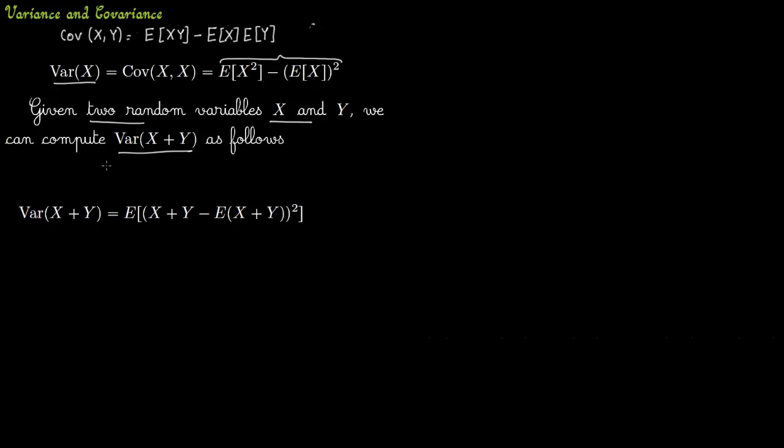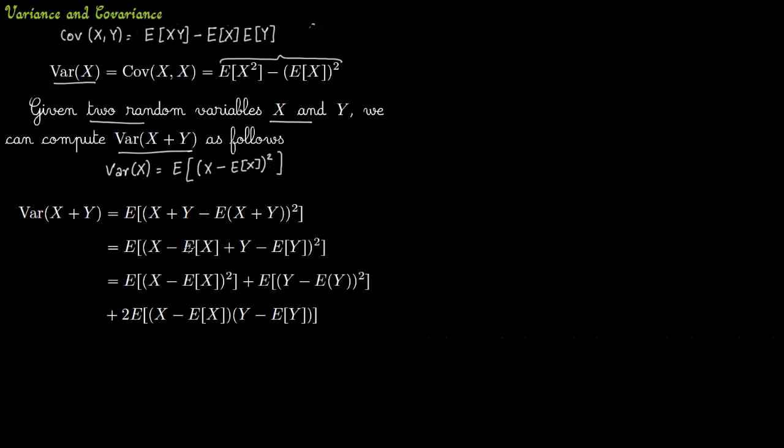So remember that another way to compute variance of x was expectation of x minus expectation of x, whole square, and when you expanded this, you got this result. So now instead of x, you put x plus y. Now you just expand this.